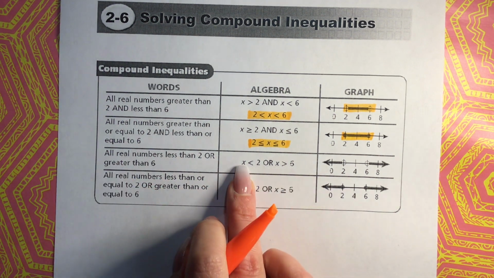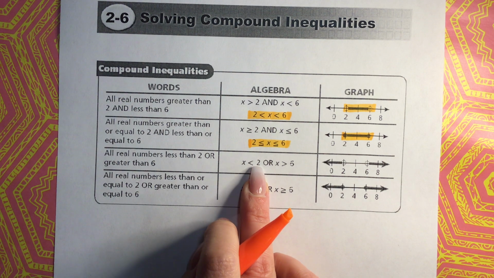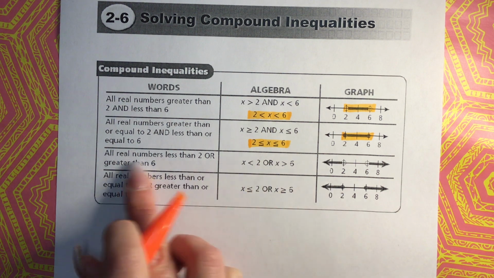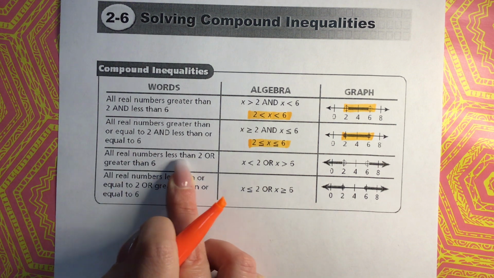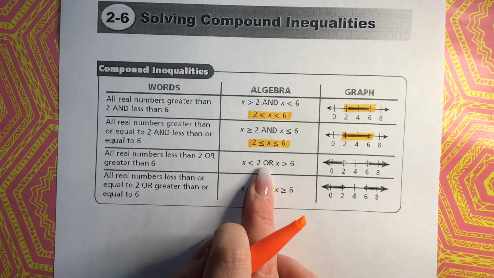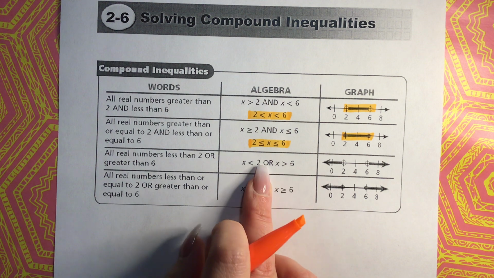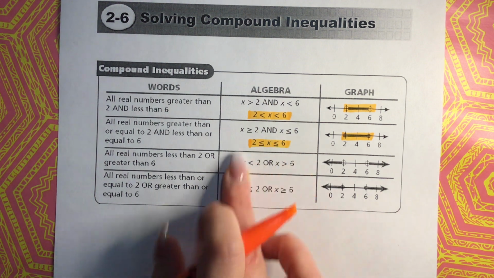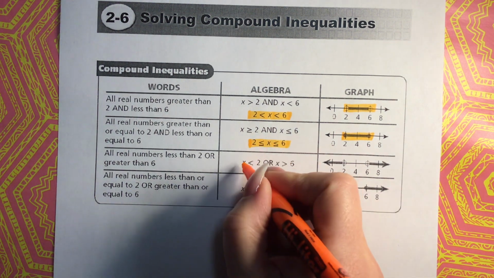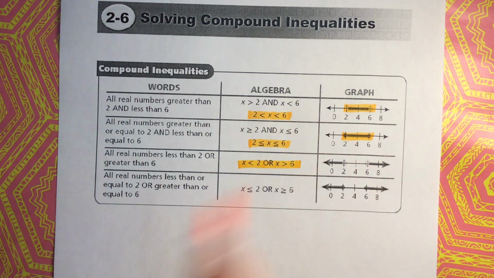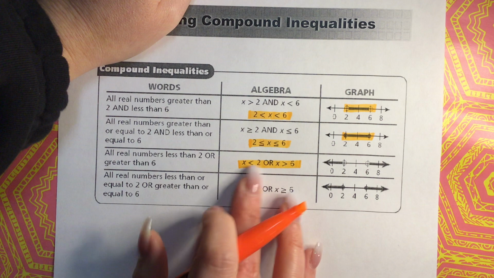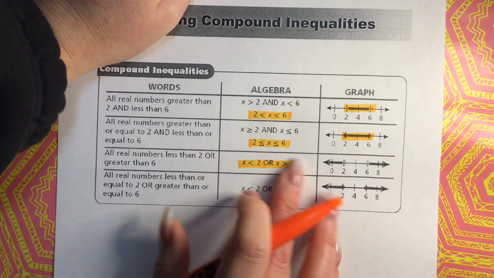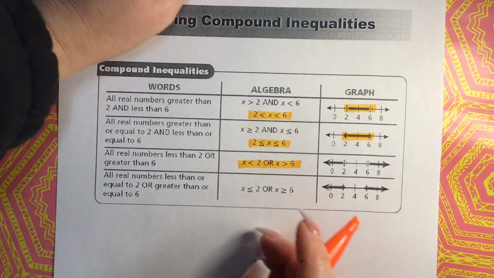Okay, let's look at the other ones. This says x is less than 2, right? But when you talk about the solutions, they want you to say all real numbers. So instead of saying x, we would say all real numbers less than 2 or greater than 6, okay? So notice this compound inequality really just states both. Oh, I should have used a different color. That's okay. The smaller values are here and then the bigger values are there, and they're separated by or.